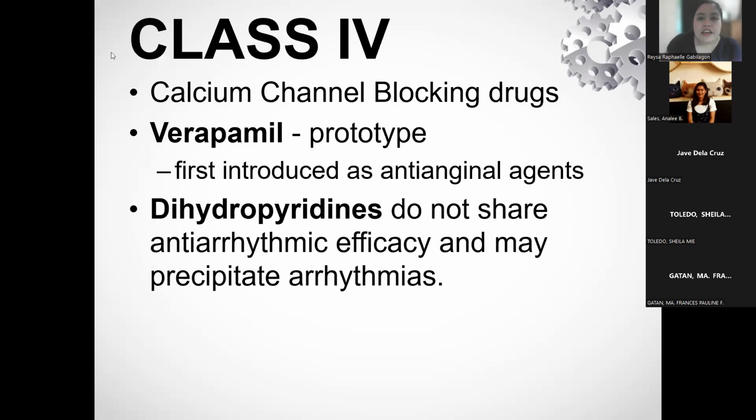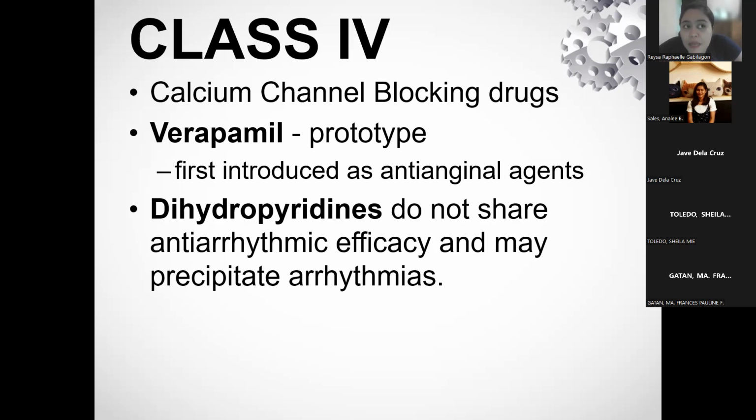And then we have the last classification, class 4, and these are our calcium channel blockers. Now please take note, we have two types of calcium channel blockers, the dihydropyridines and the non-dihydropyridines. The dihydropyridines are the ones ending in -dipine.